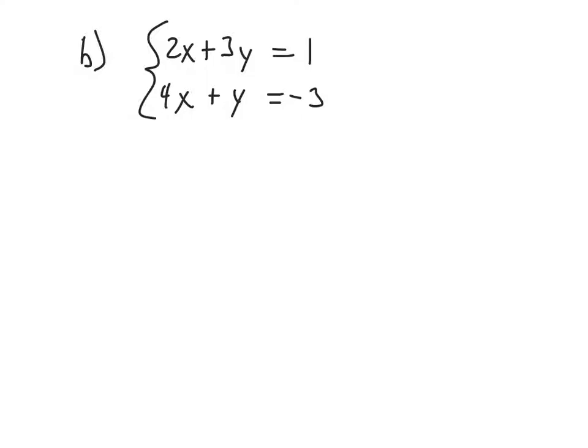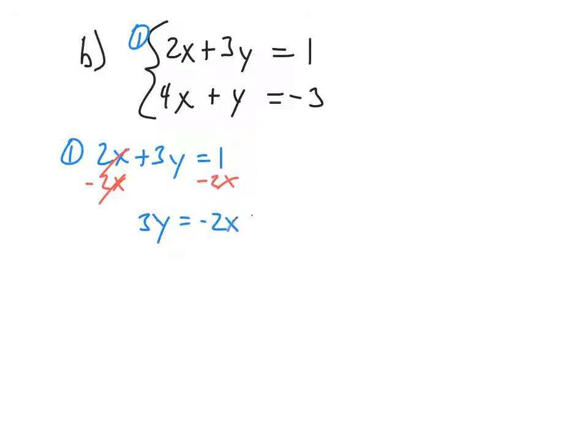And we need to go through and, just like always, rewrite these in slope-intercept form. So we're going to go ahead and subtract 2x from both sides. 3y equals negative 2x plus 1. And now I need to divide by 3. So I get y equals negative 2/3 x plus 1/3.